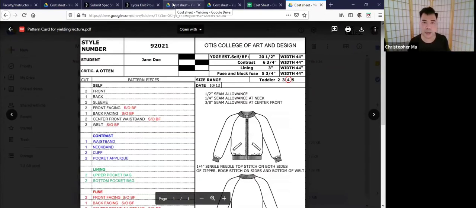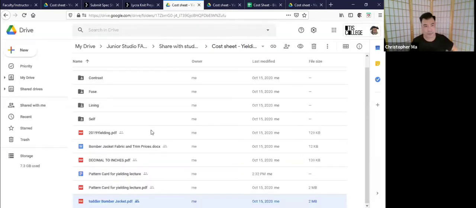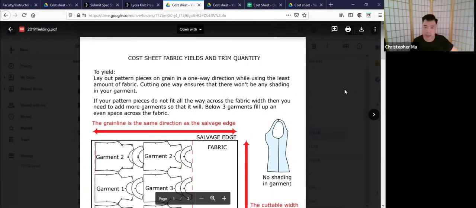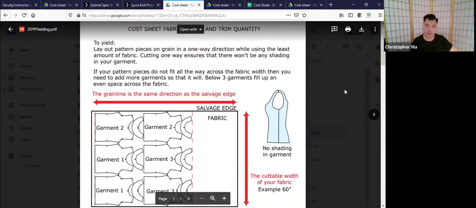Now let's talk about yielding. There's a handout in here. This handout shows you how to yield.